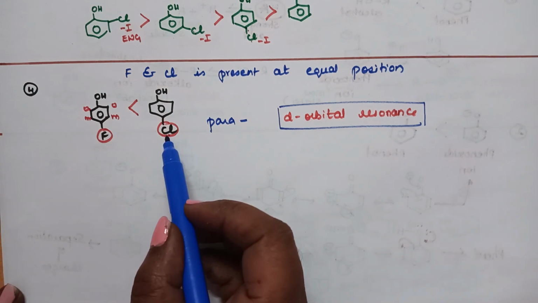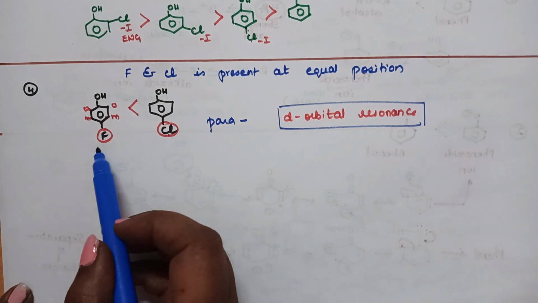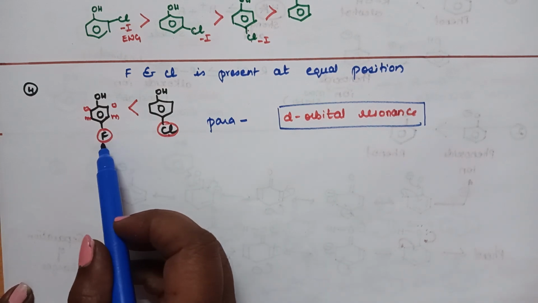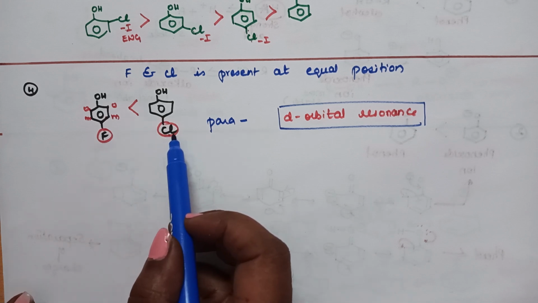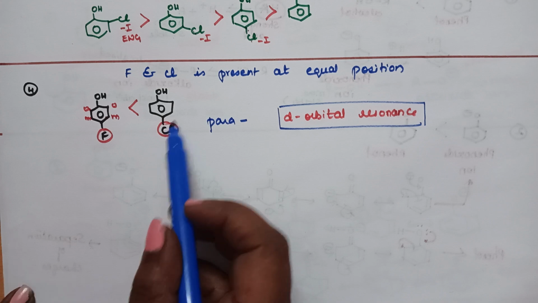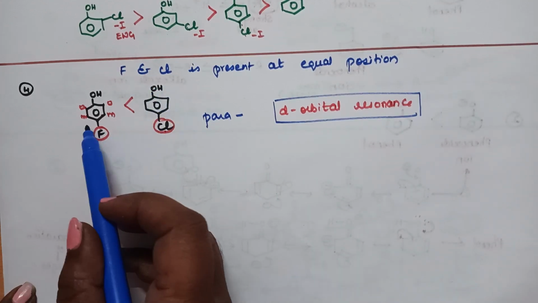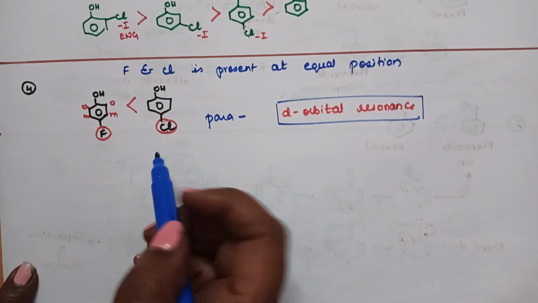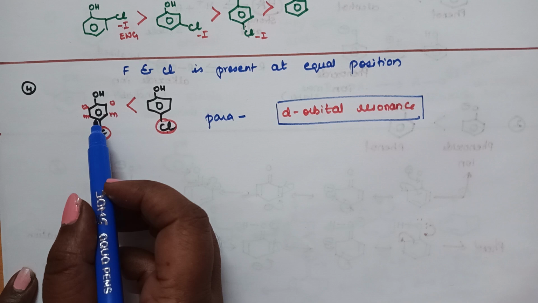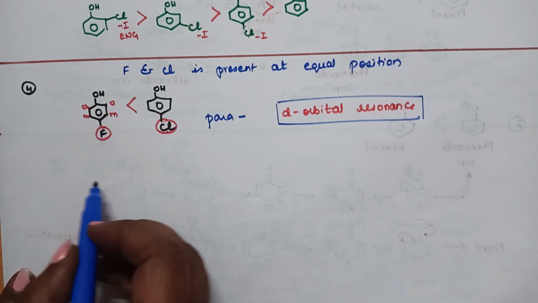In chloro group you know that there is d orbital, whereas in fluorine there is no d orbital. So therefore in d orbital resonance can take place, because of which the number of resonance structures in this structure will be more when compared to this structure. So let us write and see the resonance structures. So first let us write the resonance structure for this one.